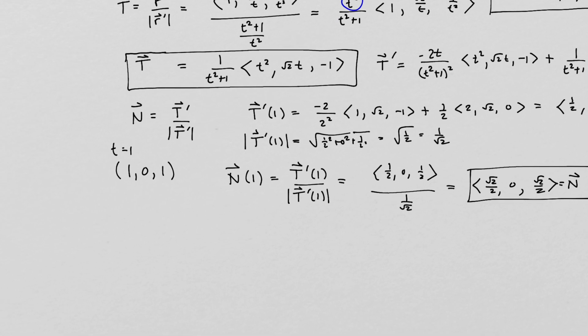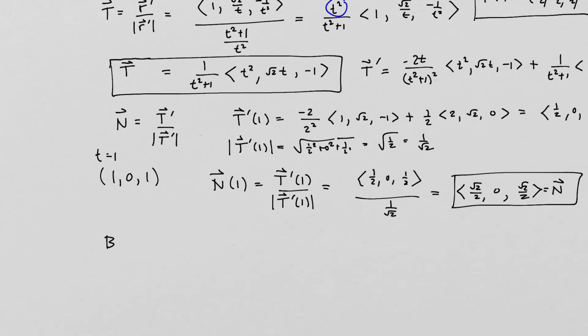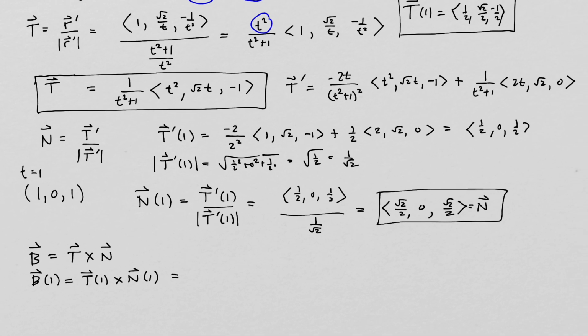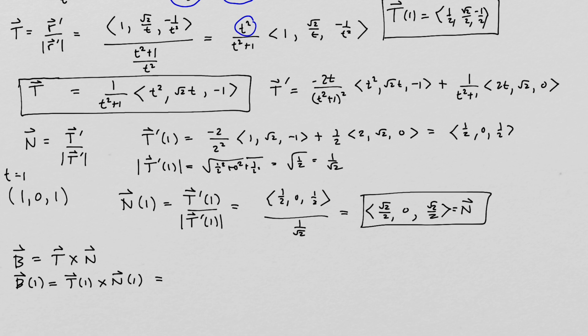And finally, for the binormal vector, B is going to be the tangent vector crossed with the normal vector. And so the binormal vector at 1 is going to be T of 1 crossed with N of 1. And so that is just going to be the cross product of the two vectors that you see over there.